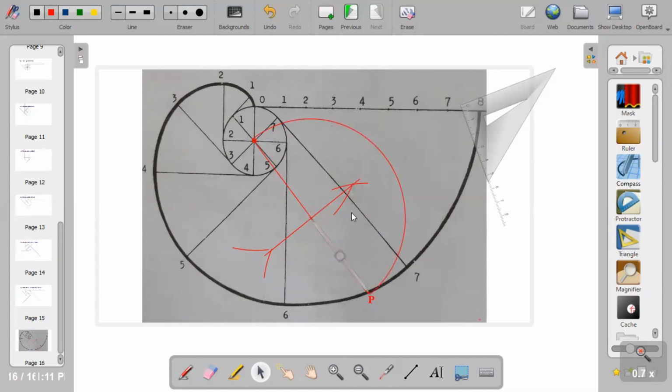So the semicircle cuts the base circle at a point. This is the base circle, that's the initial circle, and the semicircle. From the point where the semicircle cuts the base circle, you draw a line to point P, and that line is called the normal.